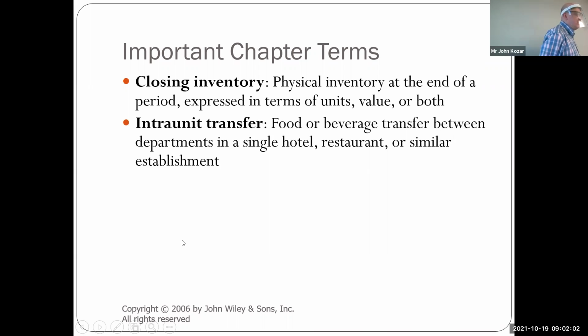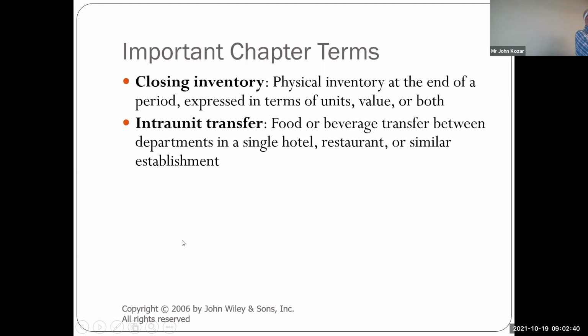Okay, intra-unit transfer. I feel like we should have talked about this already. It's food or beverage transfer between departments in a single hotel, restaurant, or similar establishment. So this is one building that these transfers take place. I worked at the hotel resort Beau Rivage. We were in the pastry kitchen. We did the desserts for most of the hotel.